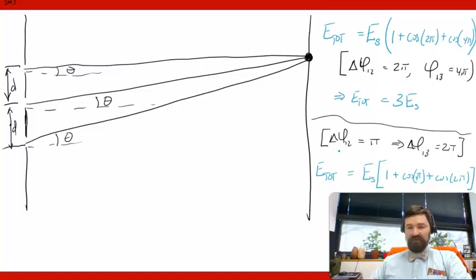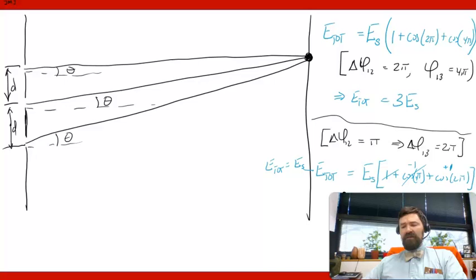Well, cosine of pi is -1, cosine of 2 pi is +1. So the first two terms would cancel, but I'd still have +1 left. So in this case, E total will just be E for a single slit, essentially. Notice that that's not 0.